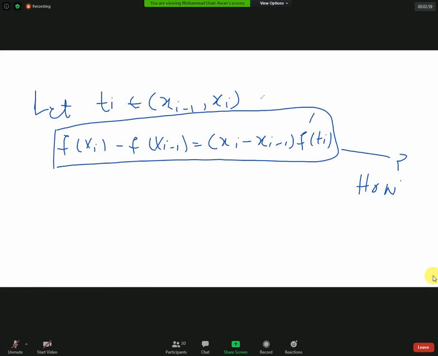Sir, by mean value theorem. जी, it is by mean value theorem. Since function is continuous and differentiable, so we can use mean value theorem. मॉड लगा लें both sides पर.